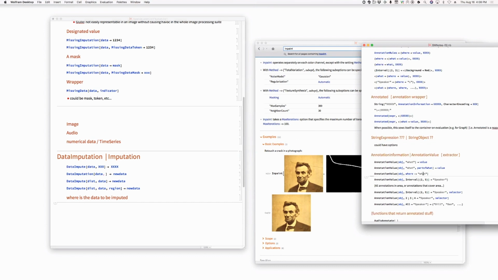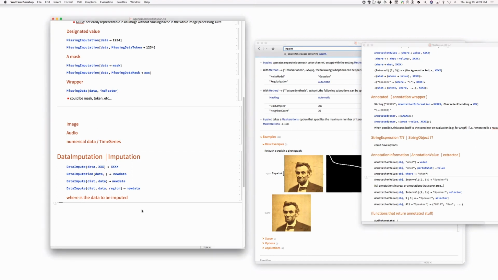Well, that's the where annotation mechanism here. Clearly, the position is a very clean way of implementing this. I mean, that might not be the best, but we could support both things.